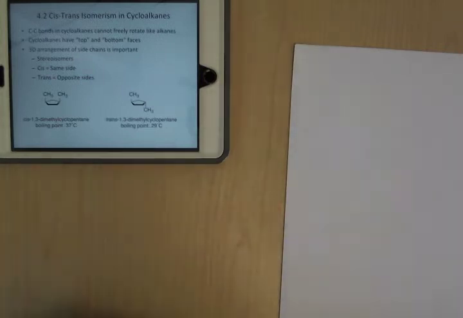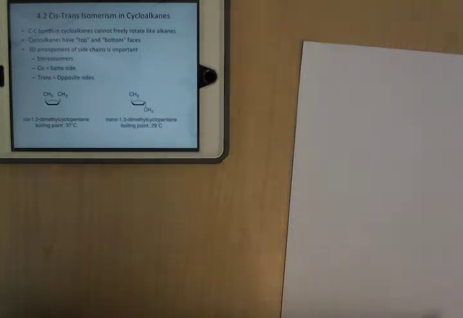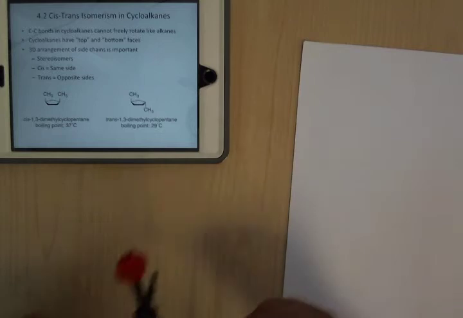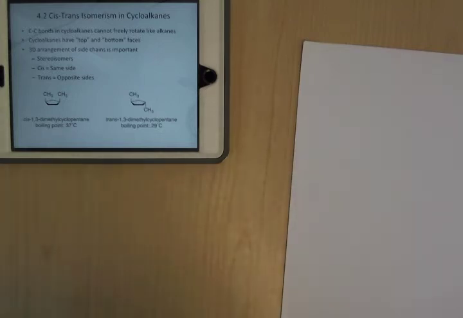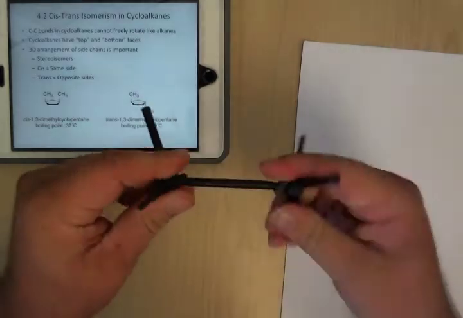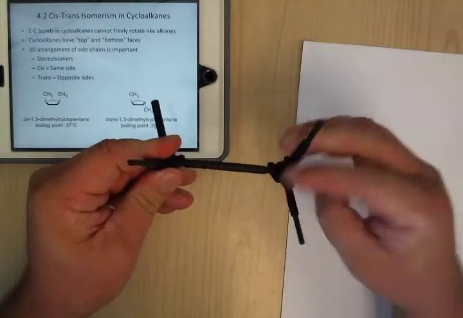Okay, so cis-trans isomerization in cycloalkanes. You have to think about these cycloalkanes. Normally carbon-carbon bonds can freely rotate, no problem.